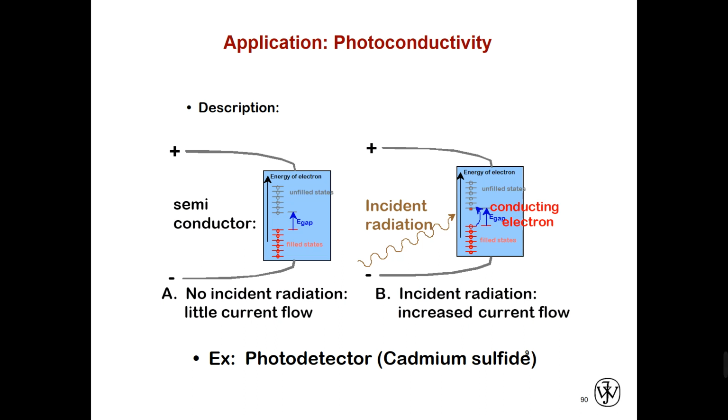Again, application of photoconductivity for semiconductor, apa yang dinyatakan tadi, when no incident radiation, little current flows. But when we have incident radiation, in this case is sunlight, cahaya matahari, berlakunya conducting electron in which incident radiation increases the current to flow. And example of the photoconductivity related material will be cadmium sulfide, salah satulah.